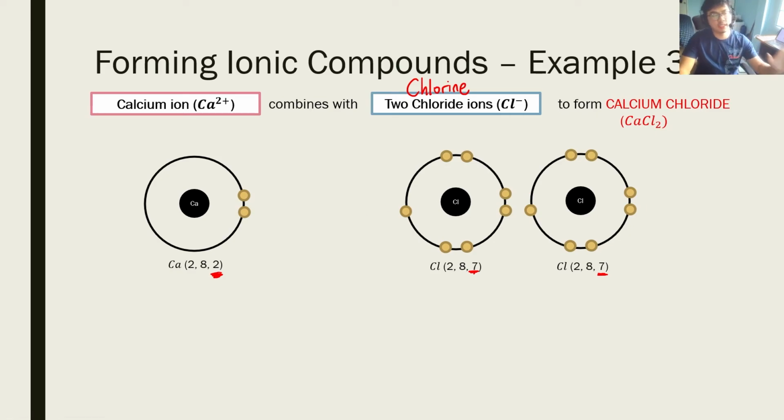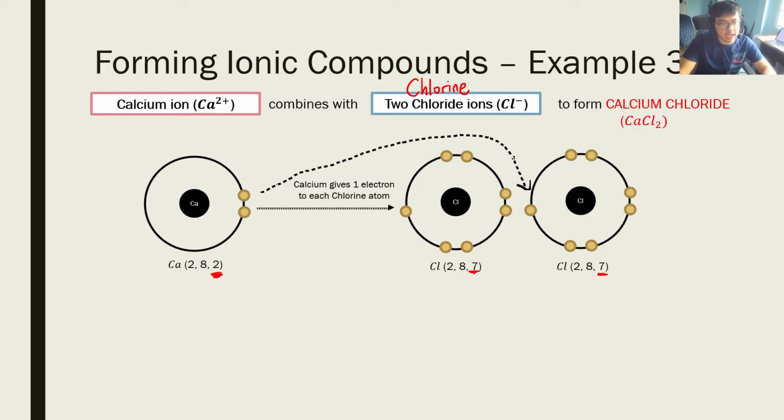So how does calcium join together with these 2 chlorine? So calcium gives 1 electron to each chlorine atom. So one is given to one, and then the other one is given to the other one. So one of these he gives to the chlorine here. One of these he gives to the chlorine here. Okay. So calcium loses 2, it becomes 2,8.